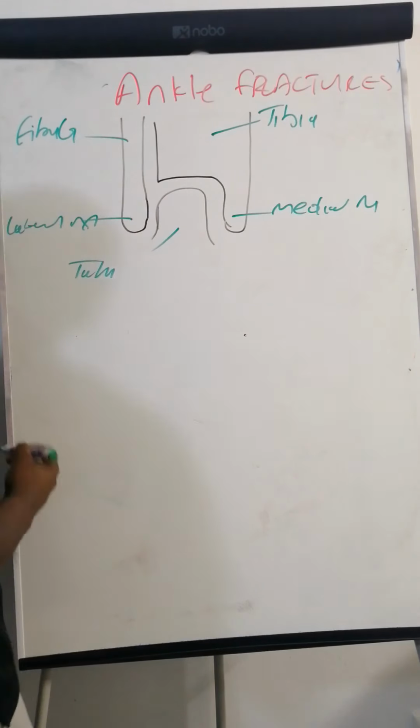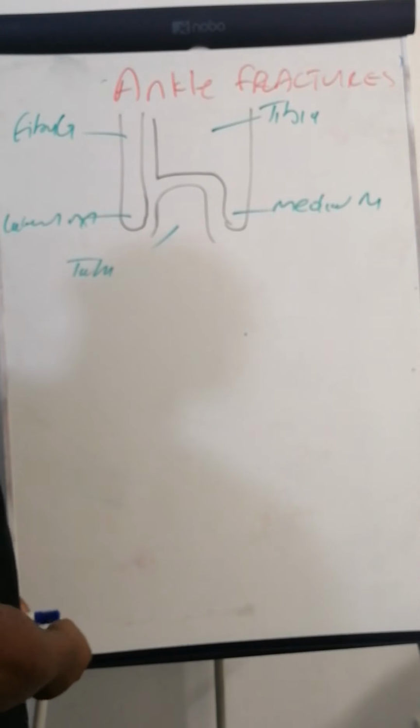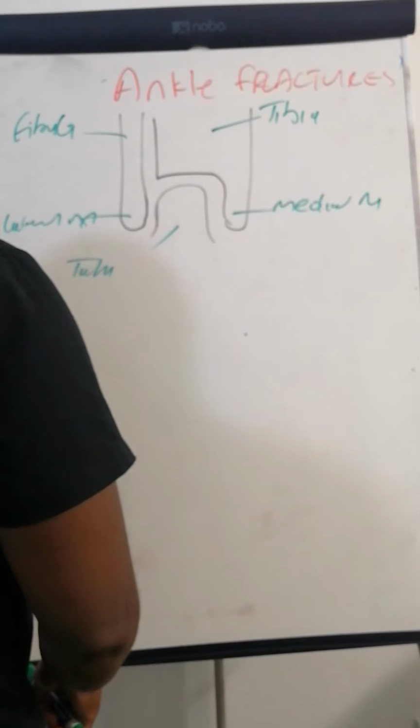These three bones make up the ankle joint, and they are held together by ligaments.